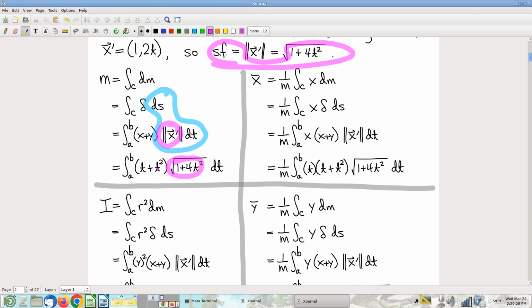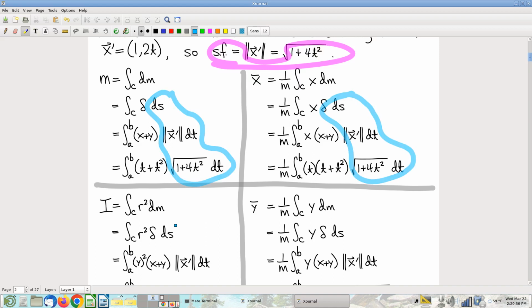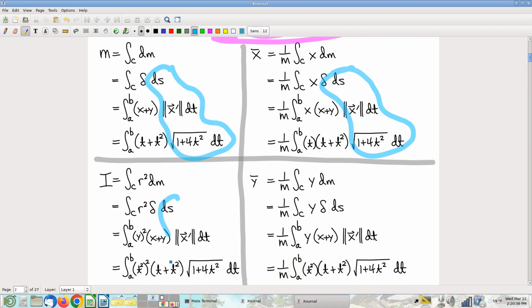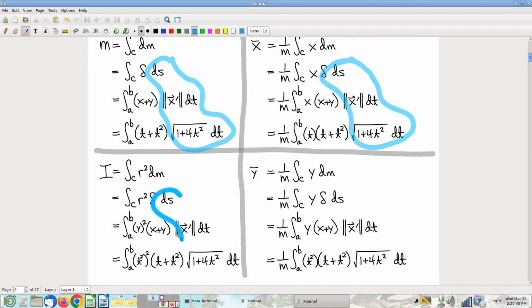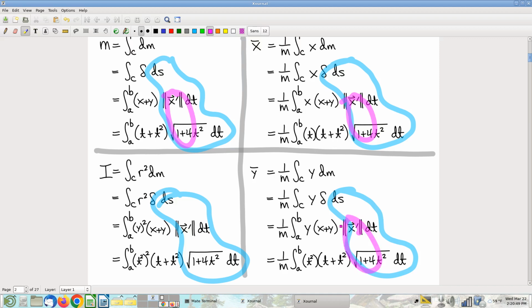And you'll notice that same thing happening in here, in this integral, in that integral. You see I've just inserted the same exact speed for all of them. Everybody on board? Okay.